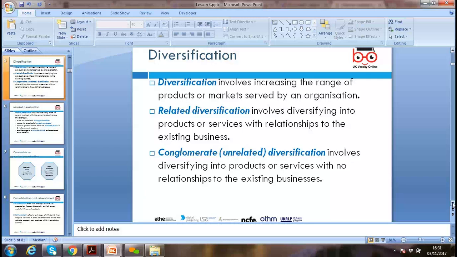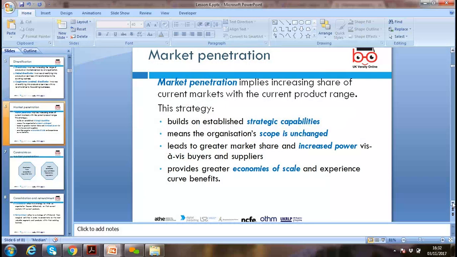Conglomerate, or unrelated diversification, involves diversification into products or services with no relationship to our existing business, like Tesco and Asda investing money in the house building sector. There is no relationship. This is total diversification, conglomerate diversification, which is totally different. We are doing a business with no link to the food business.